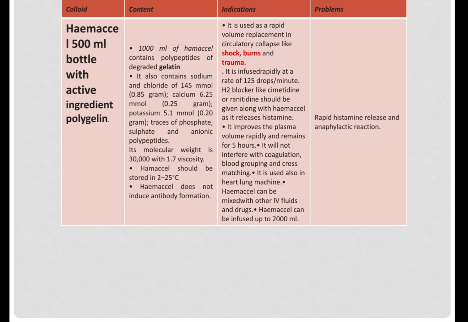The indications for Haemaccel: it is used as rapid volume replacement in circulatory collapse, like in shock, burns and trauma. This is the emergency use of Haemaccel. It is infused rapidly at a rate of 125 drops per minute.